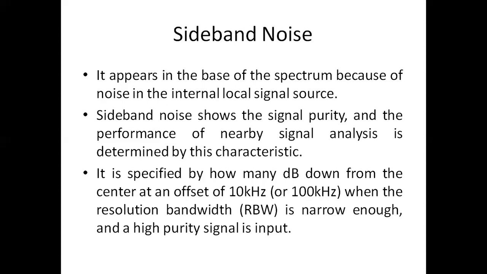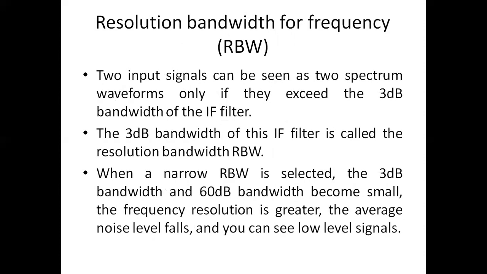So the sideband is specified by how many dB it is down from the center frequency at an offset of 10 kilohertz or 100 kilohertz, while the resolution bandwidth is narrow and a high purity signal is input. So this is what I said as the threshold. Generally this sideband noise must be below an offset for good measurements.